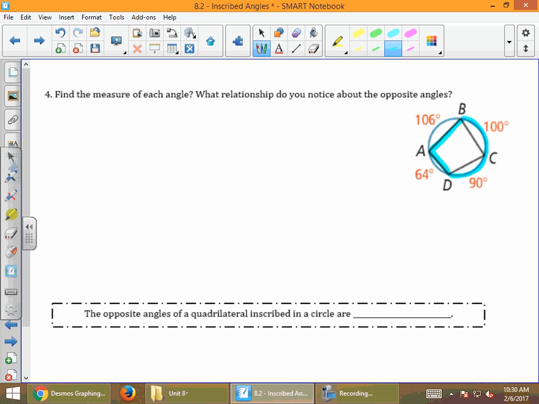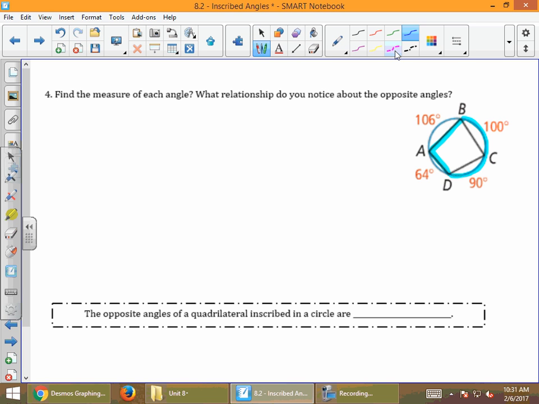Well, here's part of the arc, and it says part of that arc's 100. Here's the other part, and it says it's 90. So what can we do with those to figure out the measure of the whole thing? Add them.